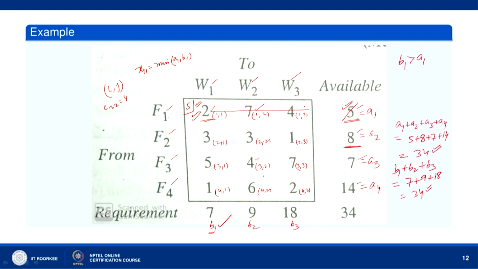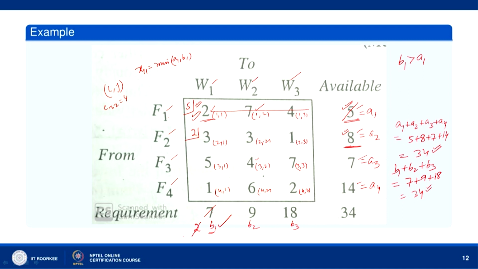Here 5 has already been allocated, so the requirement becomes 2; 2 units more are to be allocated. So, we move vertically down. At the source F2 we have 8 units available, so we can allocate 2 out of 8 to this cell.